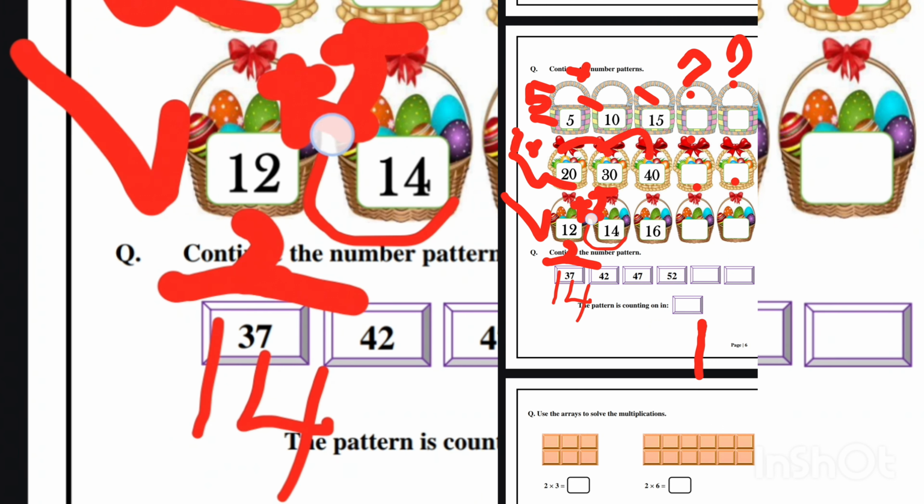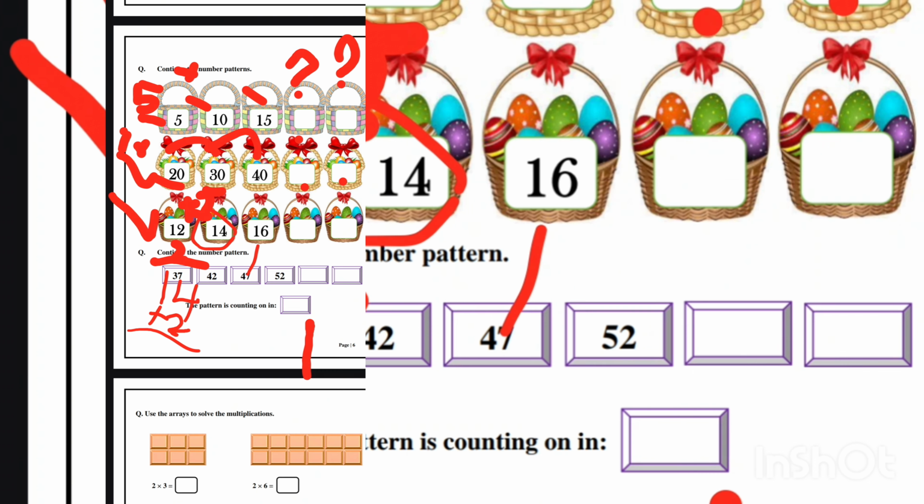Now if we add 2 again, it will become 16. 4 plus 2 is equal to 6, and there is only 1, so this becomes 16. Now again, to 16 we will add 2.